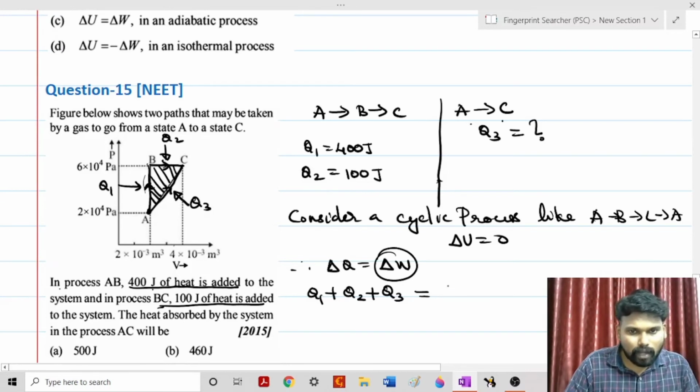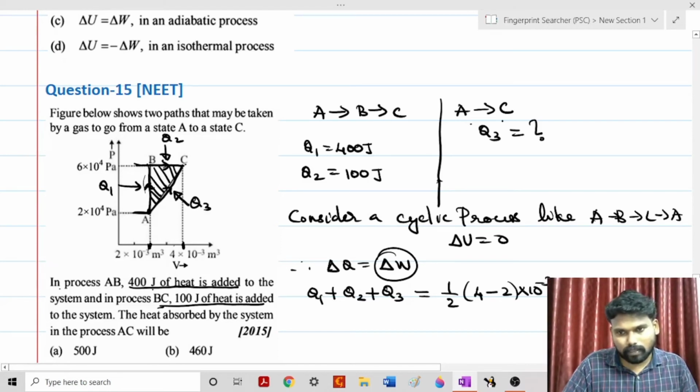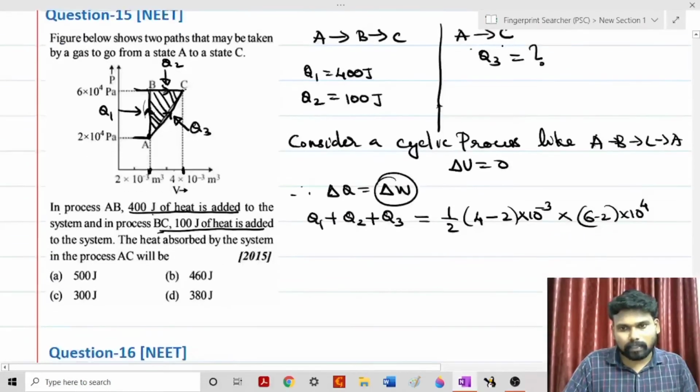So what is that? Half into base. It is BC. BC is what? 4 minus 2 into 10 raised to minus 3. Okay, this is 4, this is 2. And what is the height? What is altitude? It is 6 minus 2 into 10 raised to 4.